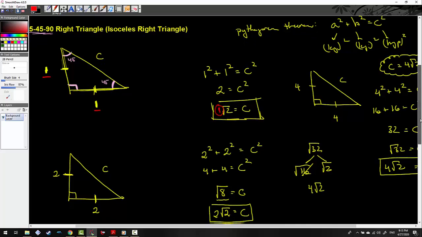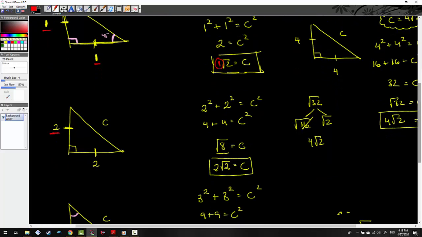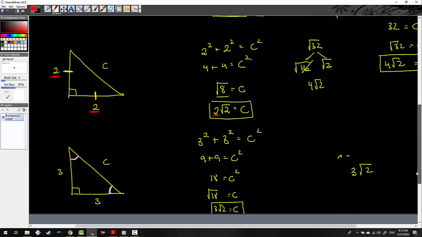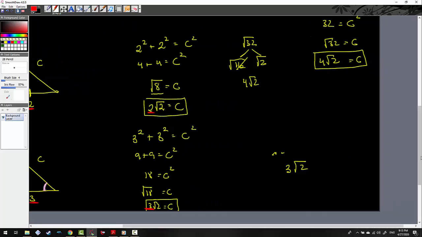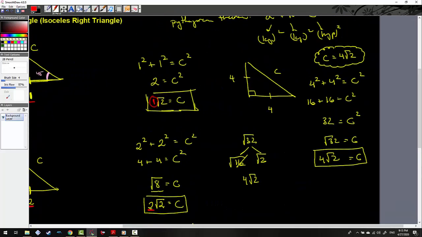In the second example, the 2's were both sides, and the rad 2 is being multiplied by a 2 here as well. If we did 3 on either side, then the rad 2 is being multiplied by a 3. So naturally, I think it makes sense to assume that with 4's on our special right triangle, our isosceles right triangle, our 45, 45, 90 right triangle, then 4 would be multiplied by rad 2 also.